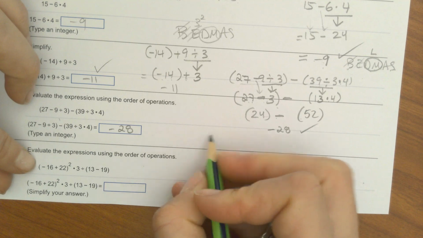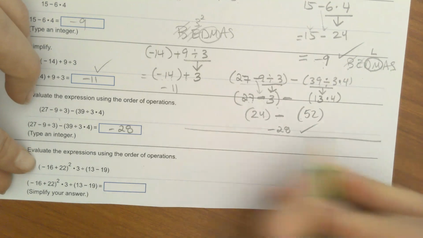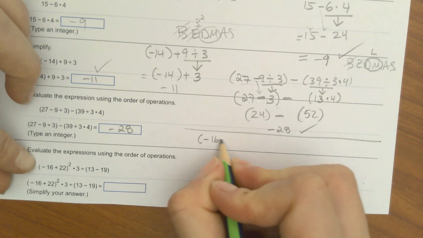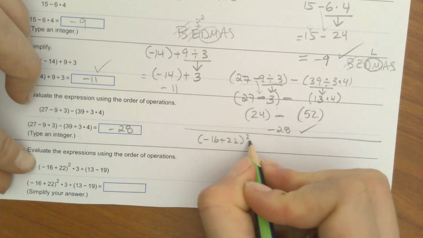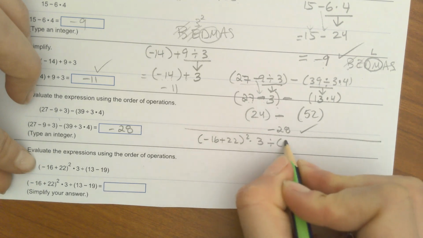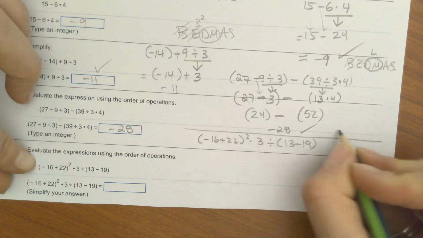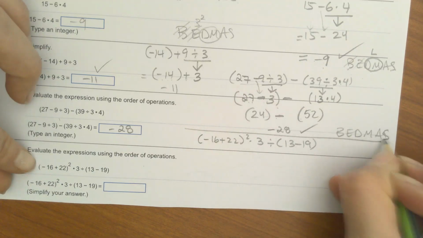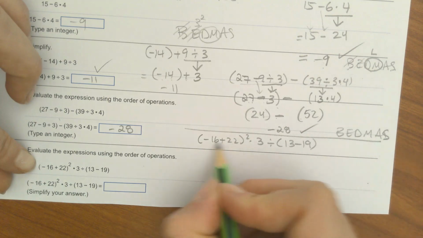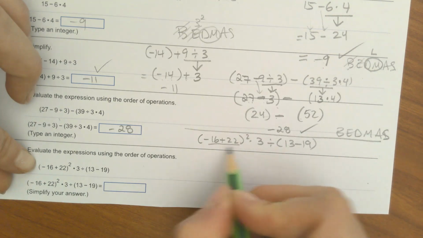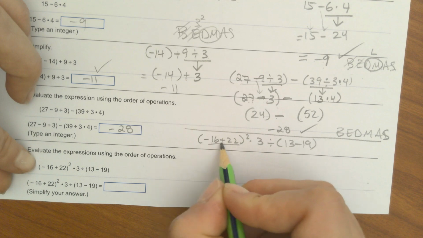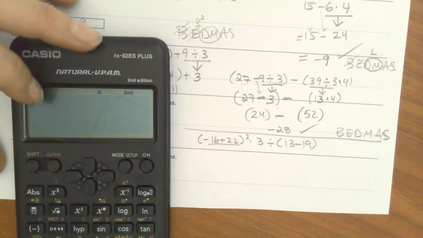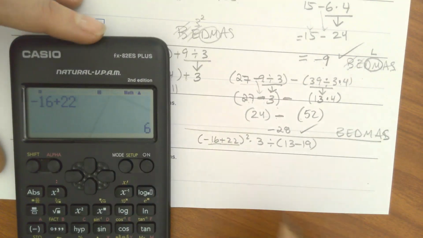Oh, there's lots here. So let's draw a line. Okay, BEDMAS. Okay, brackets. Yes, we have brackets. So here inside the brackets, I can do this one. Negative 16 plus 22. 6.